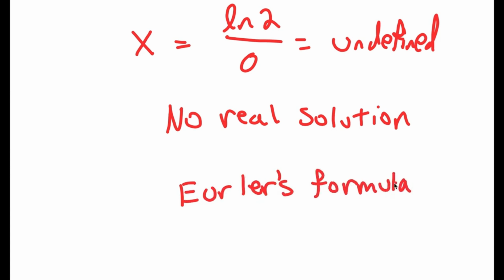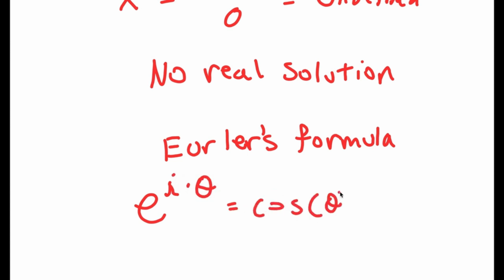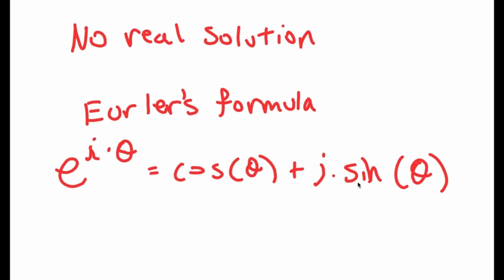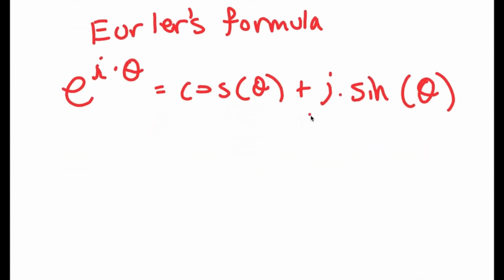Basically what this formula says is if I have something in the form e to the power of i times theta, this is equal to cosine of theta plus i times sine of theta. I know to many of you watching this video, this may just sound like a bunch of gibberish, but just hang on.